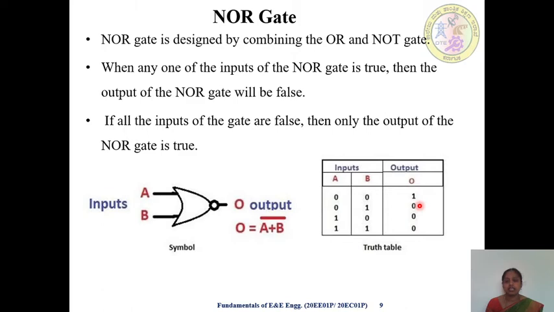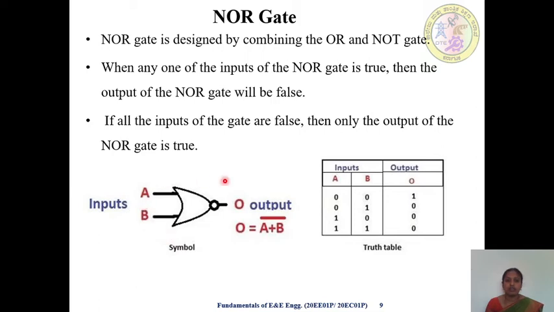Otherwise, it will be 0. If any one of the inputs is 1, see here, 1, 1, 1, then the output will be 0. That means when both the inputs are 0, the output is 1. When any one of the inputs is 1, then the output will be 0. This is the operation of NOR gate.